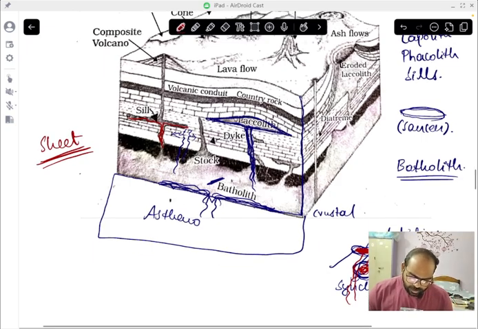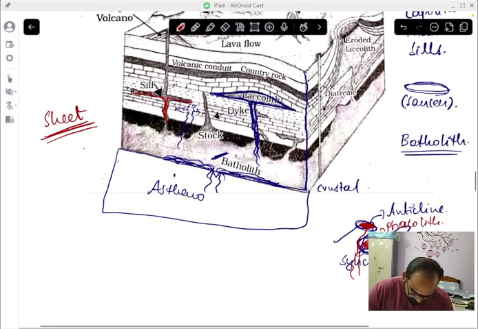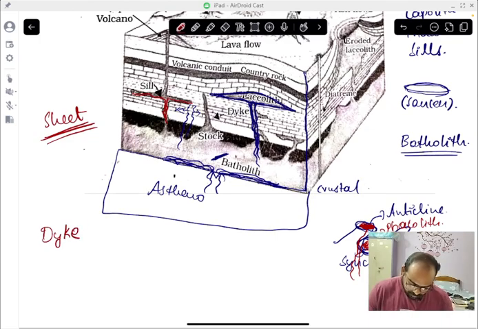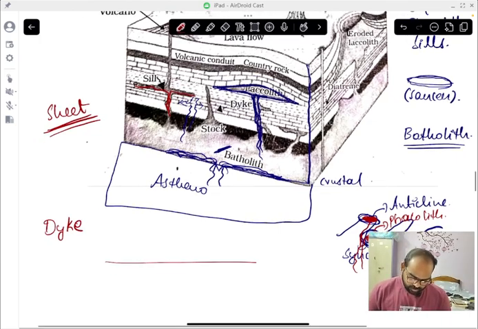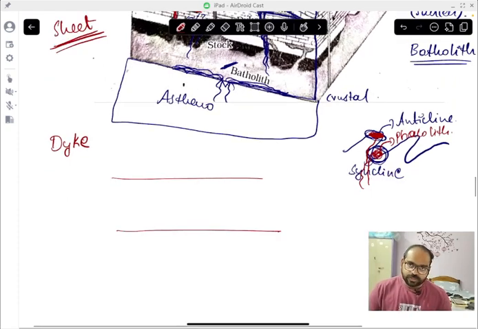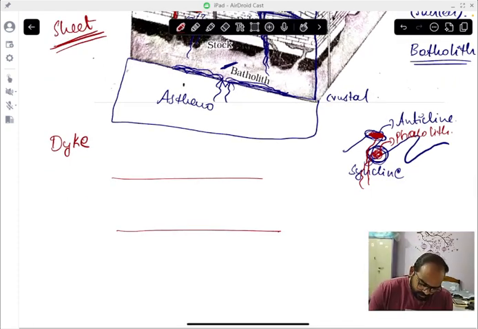And another intrusive form is dike. Dike means nothing but, this is the Earth's crust. Magma comes into the crust.